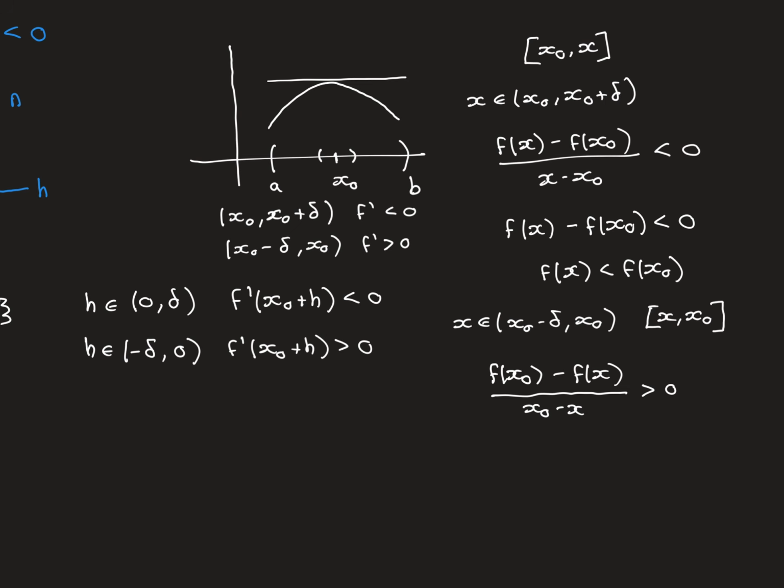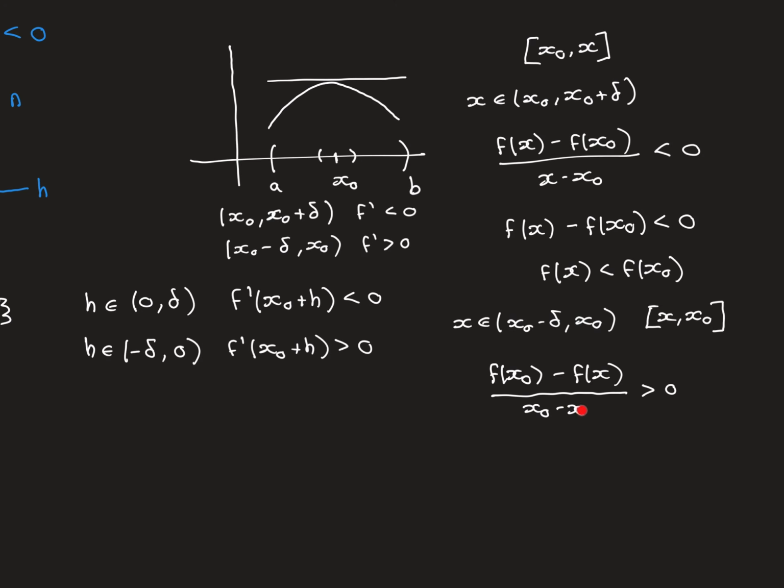So the left side of the interval now, so let's take an x in the interval x0 minus delta to x0, and now let's apply the mean value theorem going from x to x0. Again, it needs to be this way round so that we're going forward, because now x is less than x0. So I can apply the mean value theorem because, again, the function will be continuous everywhere over this closed interval and differentiable everywhere over the open interval because it's contained within the interval from x0 minus delta to x0 plus delta, over which the function we know is differentiable.